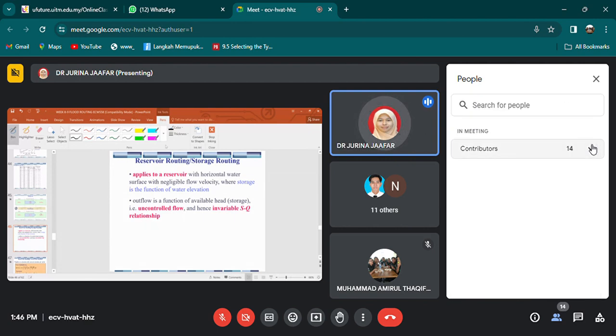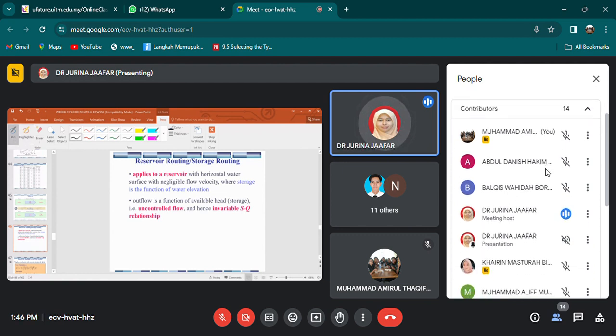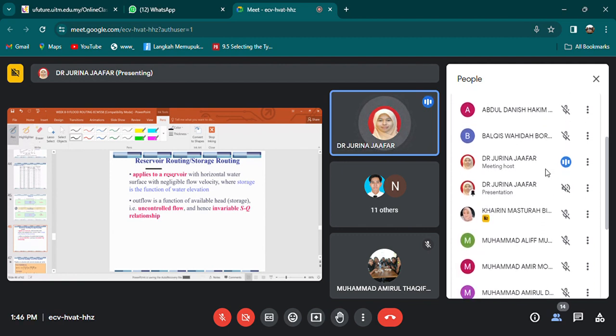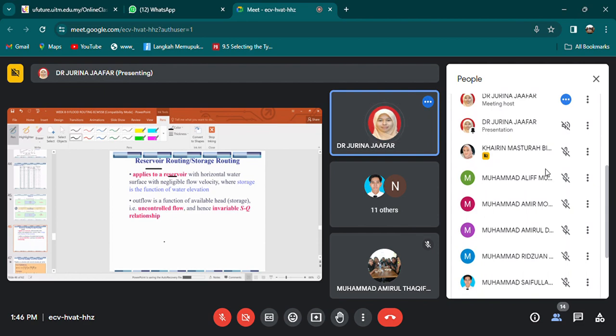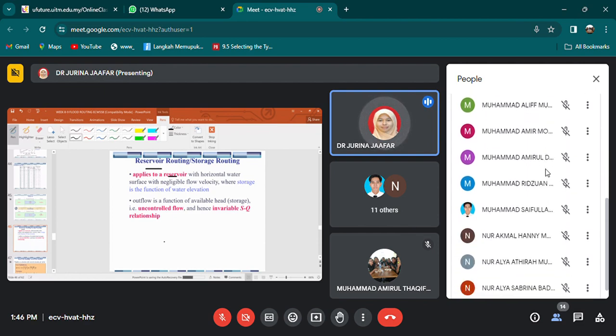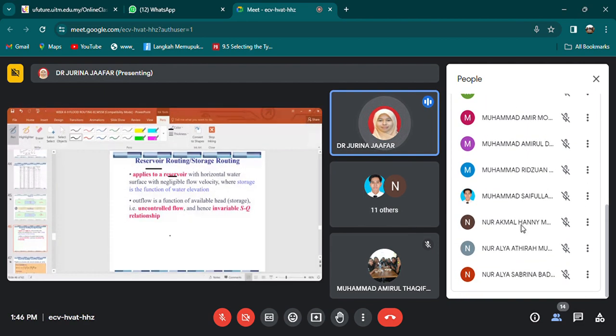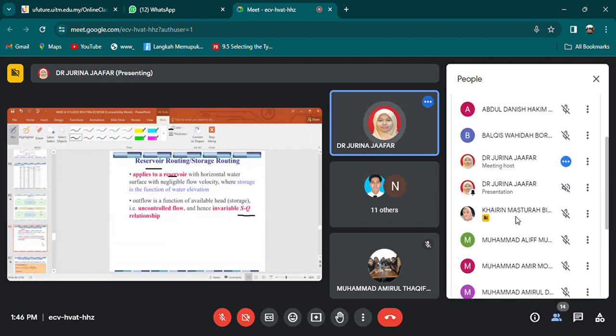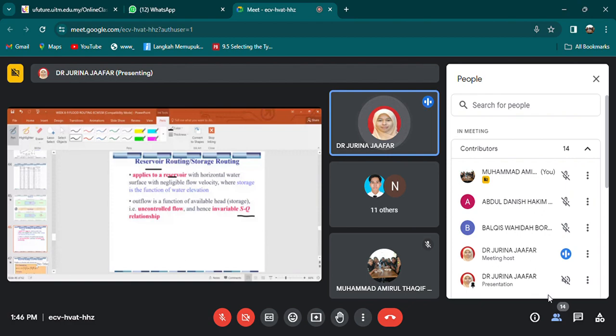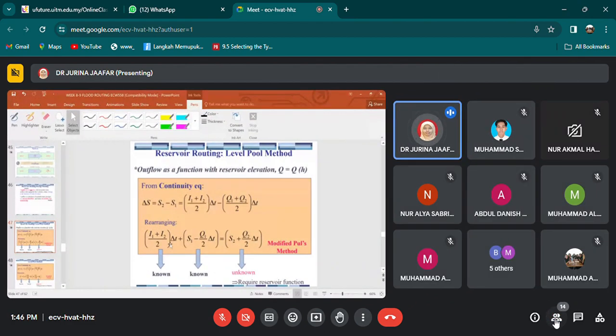So iaitu reservoir routing. So reservoir routing, di mana reservoir ini dia tidak ada constant value K dengan X. So what you will see is storage dengan outflow relationship, dan dengan perlu masih lagi continuity equation. So dia ada dua, level pool method dan juga Goodrich method, which is the same.